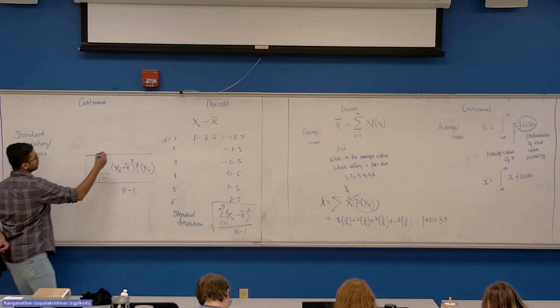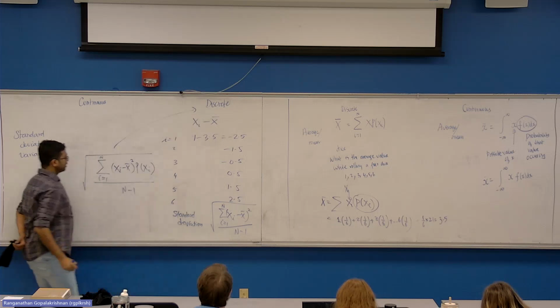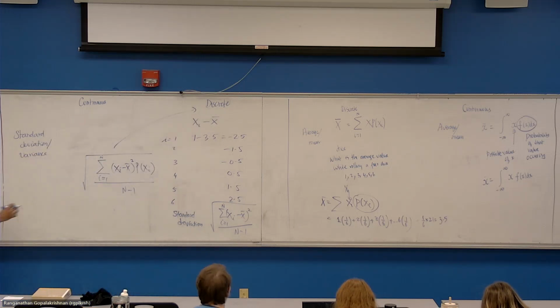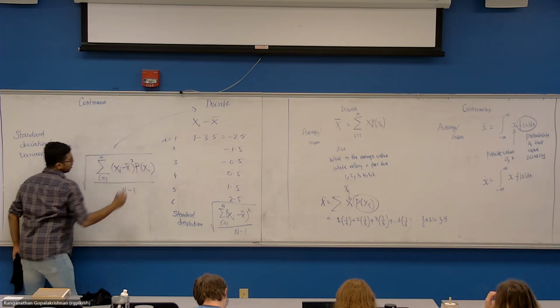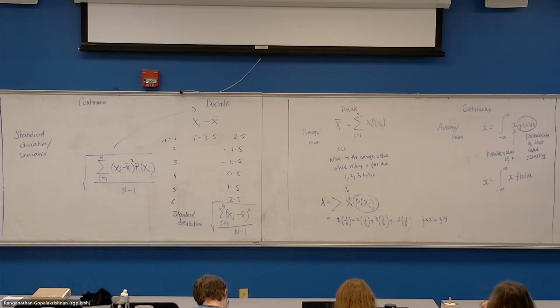So this is the formula for standard deviation for discrete distributions. This is the probability. I know you might be thinking an example here would help, but there are just a few more concepts. Once I get through them, I'll get into examples.